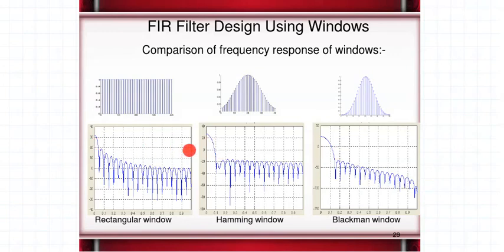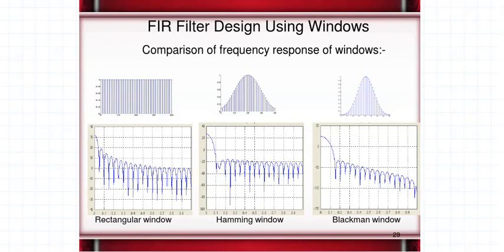When we look at all three frequency characteristics, the very first lobe in all the three windows is called the main lobe. Everything following it is called the side lobes. So we have a main lobe followed by side lobes in every window characteristic that we see.